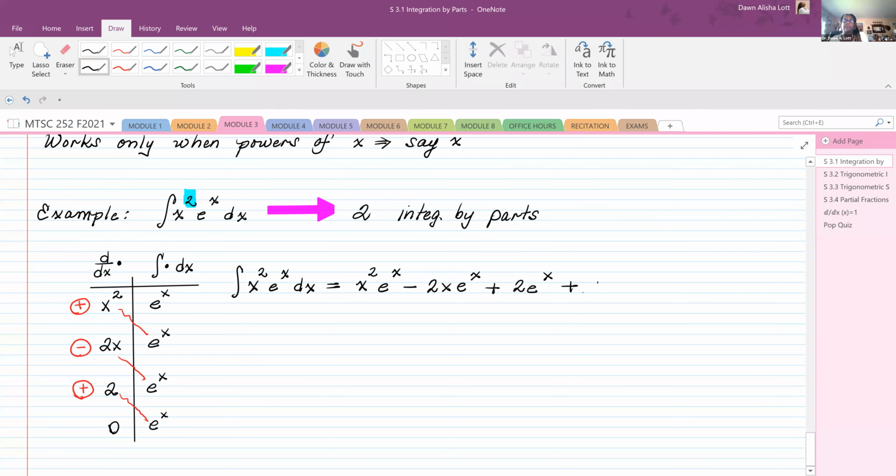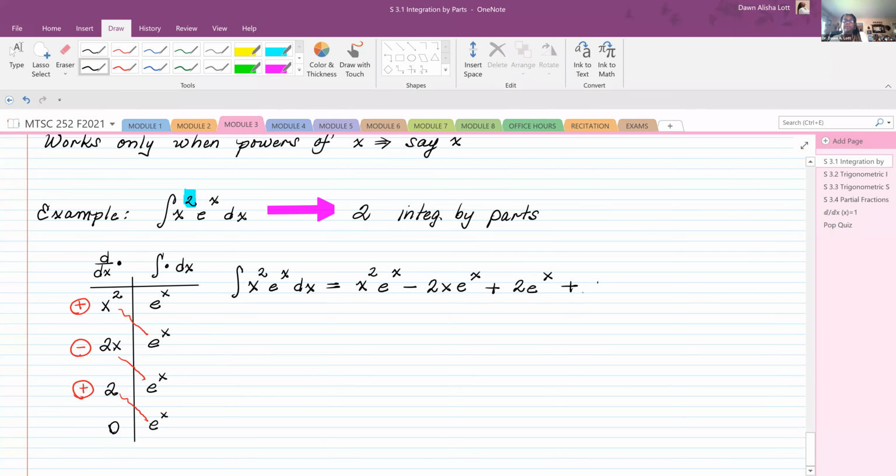All right, so we're going to do the same thing on this one. We are going to make a table. Remember, it only works with powers of x. Okay. This time, I have x cubed.